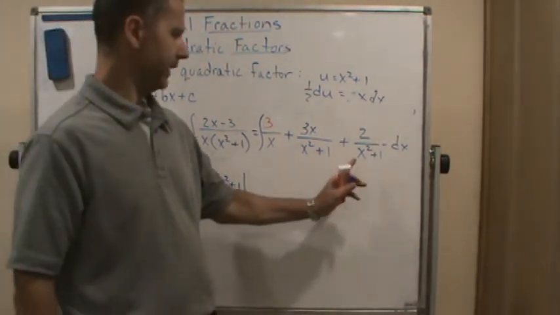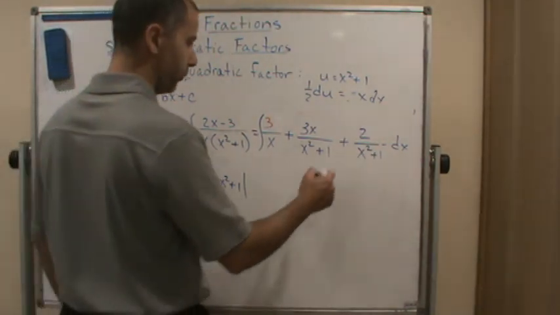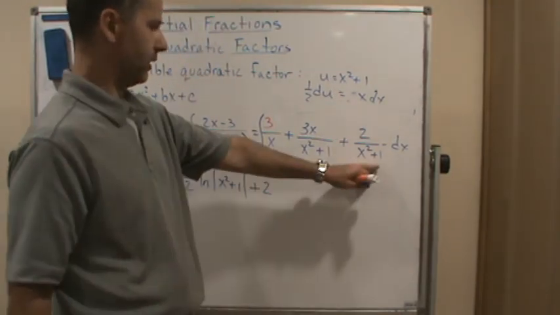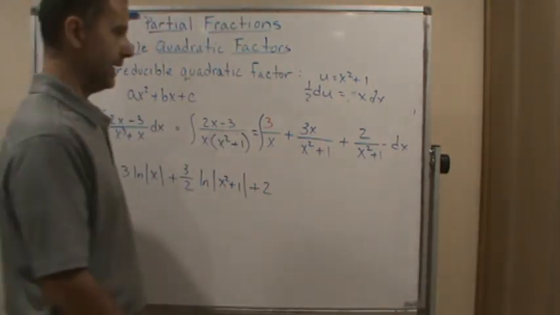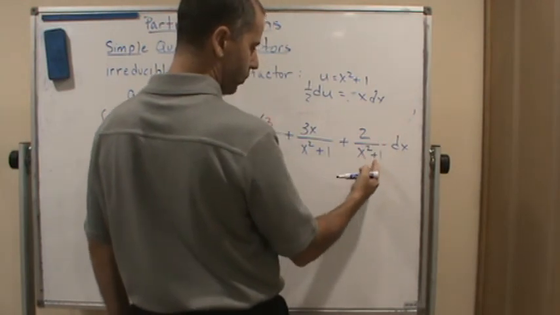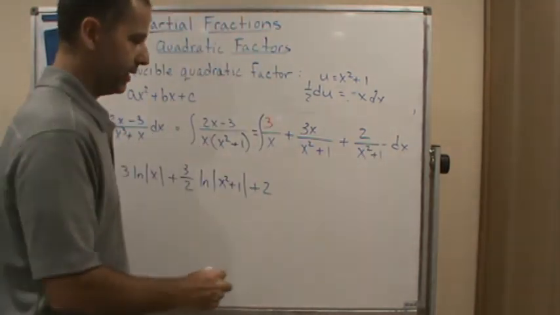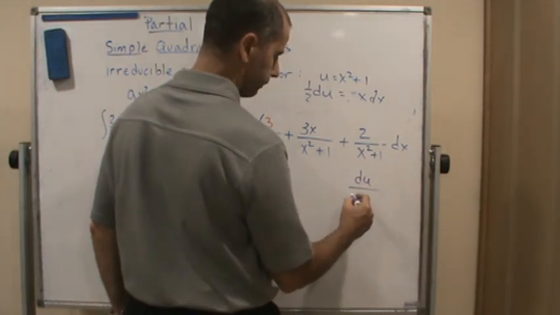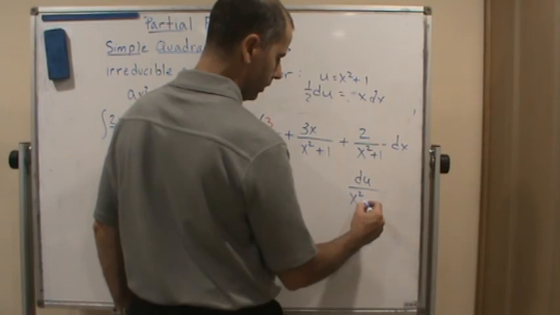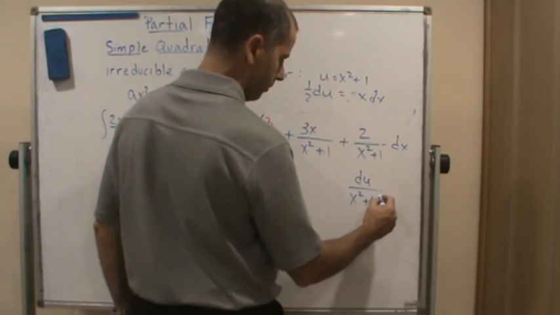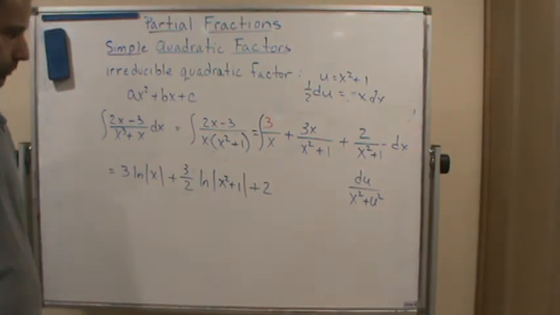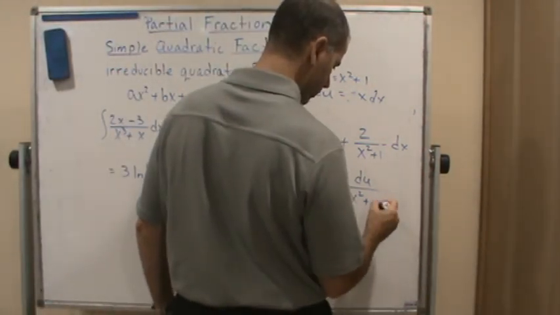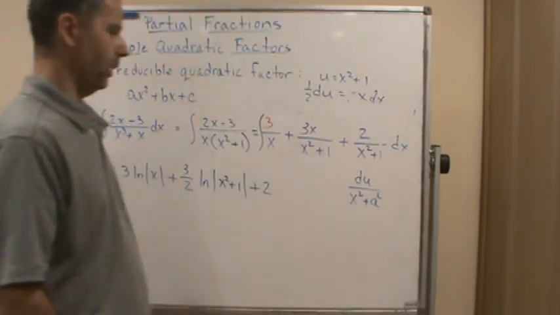And then this one here, you pull out the 2, right? And what does this turn out to be? Well, dx over x squared plus 1 has the form of du over what? Or not u, but a squared.